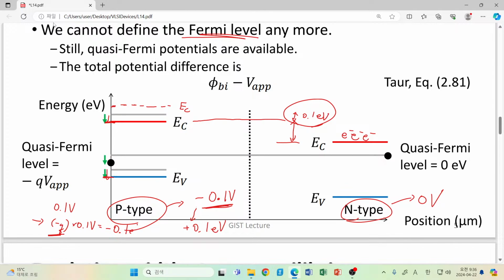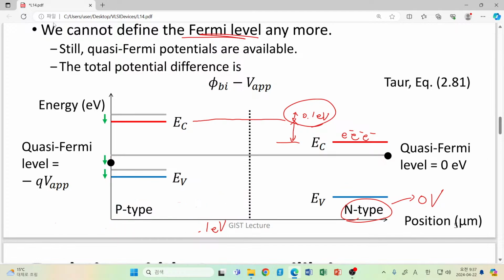And I wanted to say one important thing. I hope that now most of you can understand this quite clearly, but there is one point that I have not talked about up to now. Here you can see the position of the quasi-Fermi level.